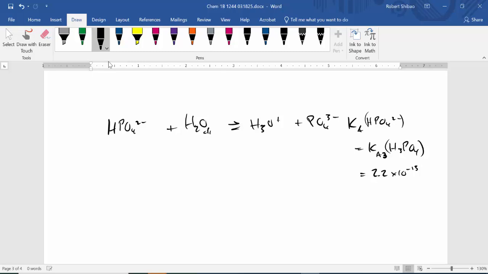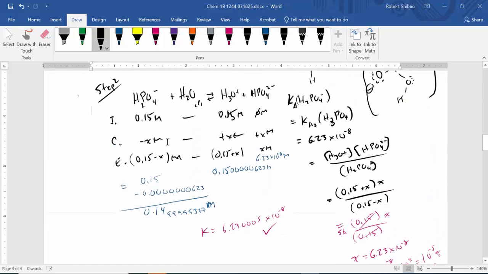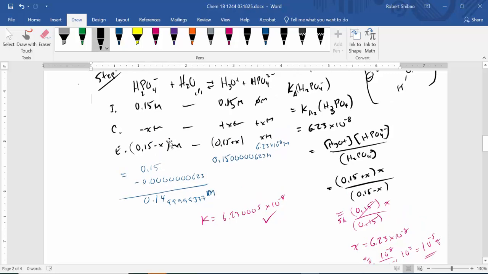You look at that, are you going to get much more hydronium from this step? No, practically nothing. And so the initial monohydrogen phosphate, that's common ion. And so what we're going to do is we're going to drop that down. It's 6.23 times 10 to the minus 8. So this is going to go down to step 3. And the other common ion is hydronium.